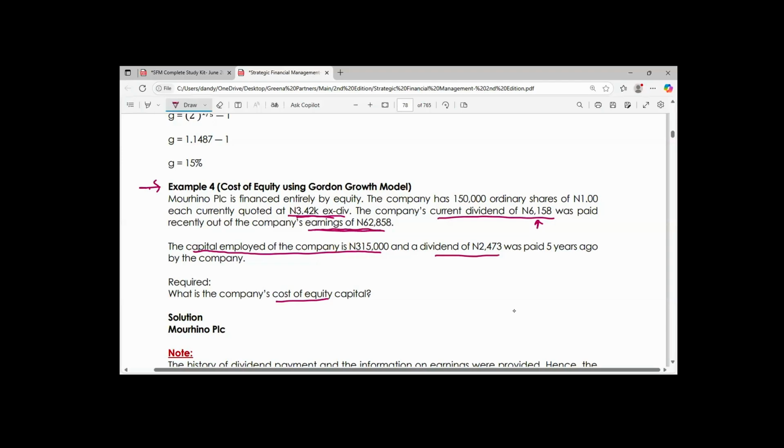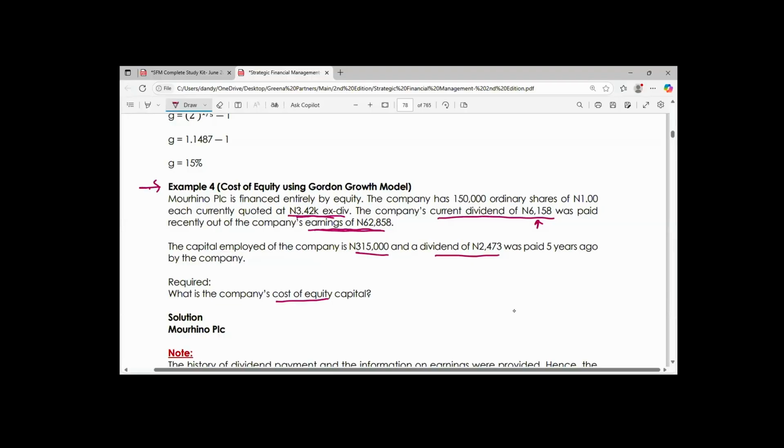When you are given earnings of 62,858 naira and capital employed of 315,000 naira, that means there is growth in dividend payments. Because I told you the Gordon growth model should be used to calculate growth rates when information on earnings as well as the capital employed are given, then that's when you use Gordon growth.